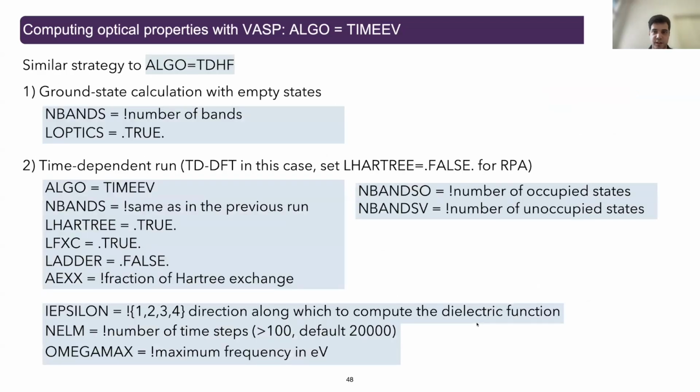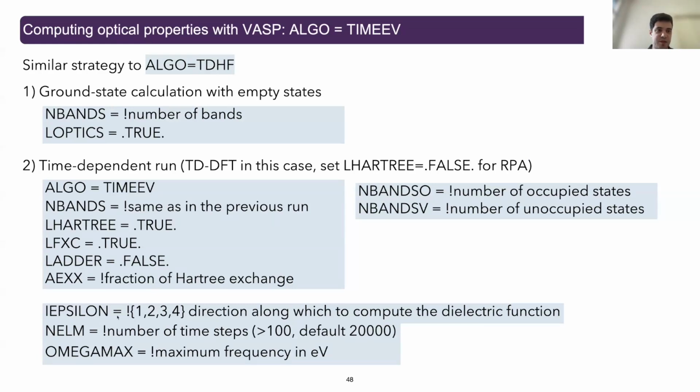The strategy is similar to what was mentioned before. You first run a ground state calculation, again setting NBANDS to a large number of bands and with LOPTICS equals true. But now you then run a time-dependent DFT calculation by setting ALGO equals TIMEEV, and you'll have additional flags that you have to set.